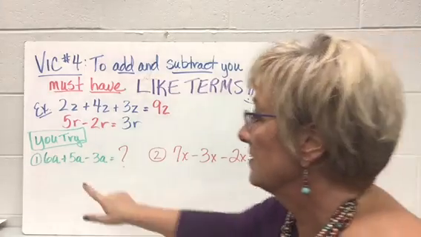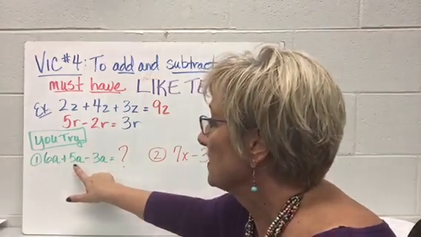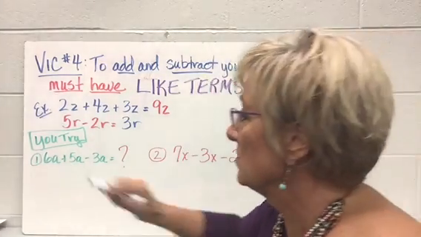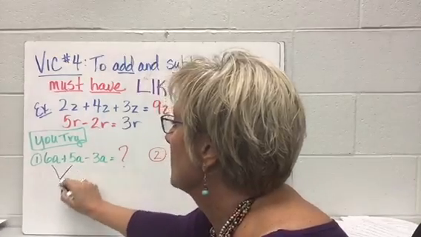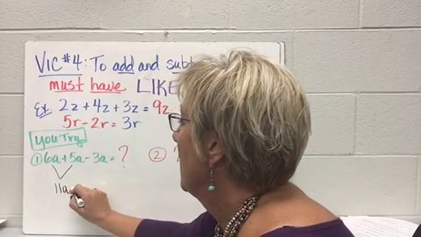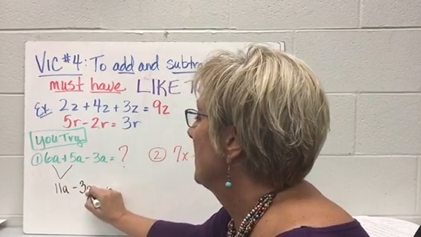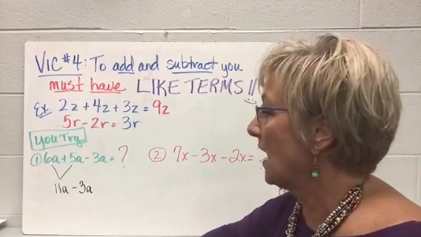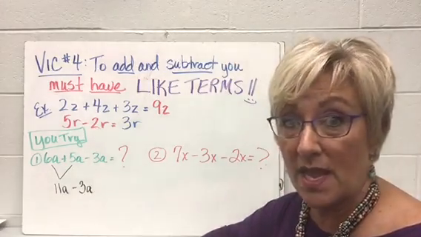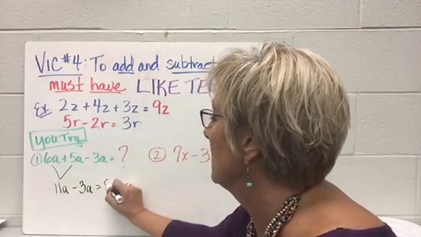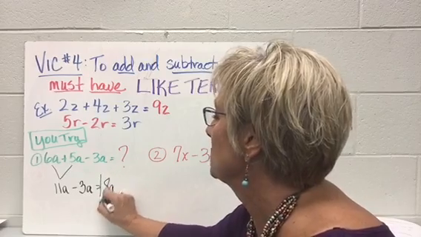Now let's try this. If I have 6a plus 5a, I'm adding these two together. So this is going to be 11a minus 3a. They all have the same variable, so I know that 11a minus 3a is going to end up giving me 8a in its simplest terms.